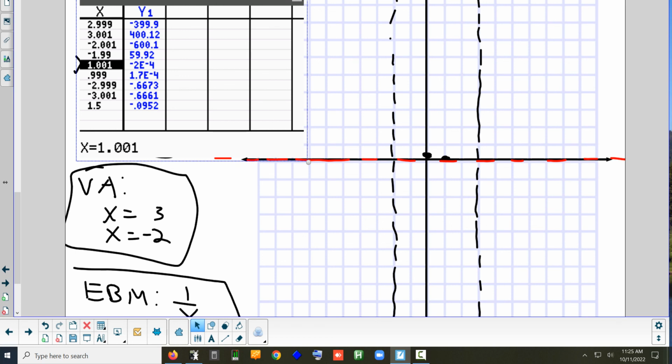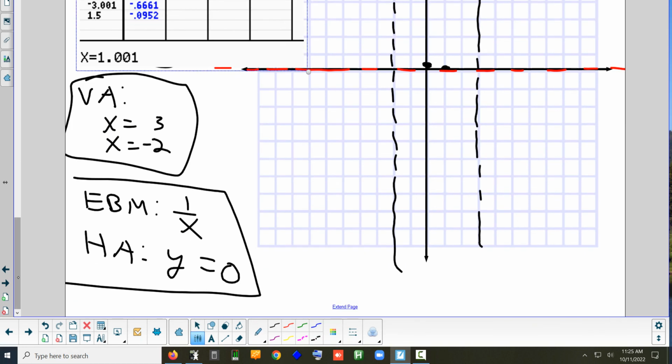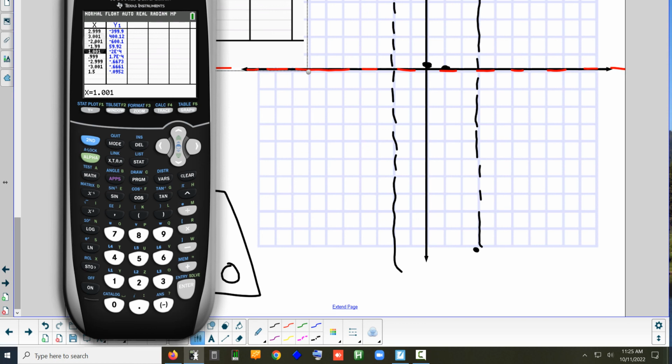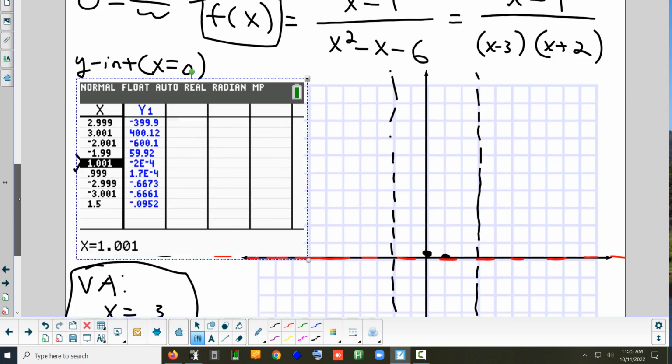Let's graph those the best we can. Just before the number 3, we're down at -infinity. So just before 3, put your point way down. Just after 3, put your point way up at +infinity.